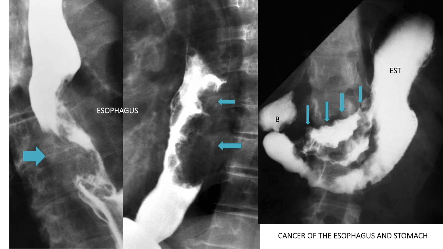For that reason you can see this filling defect just on your left side. Talking about the esophagus, we also have another on your right, the stomach. You can see this huge filling defect. It's very important for you to know that it's always a filling defect. The majority of the cases are cancer.